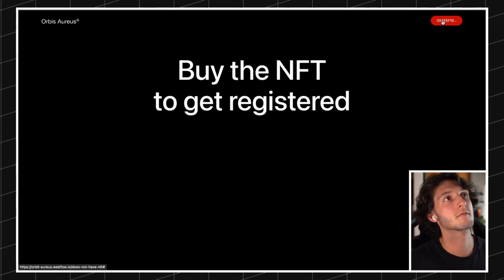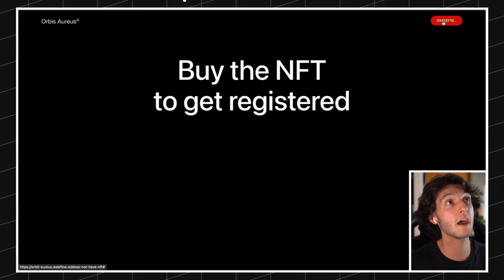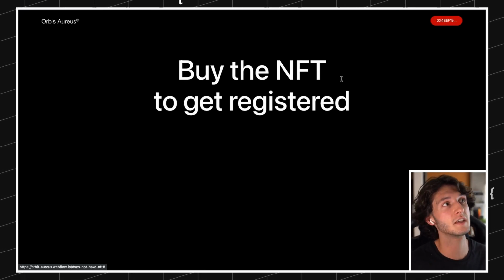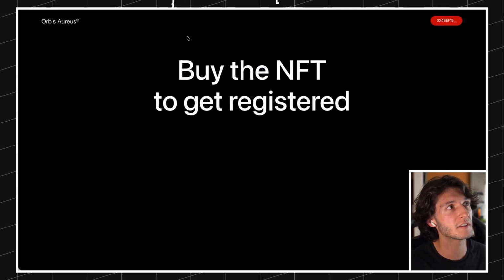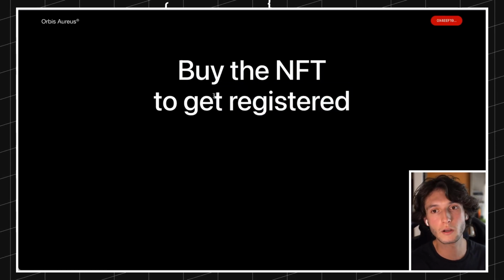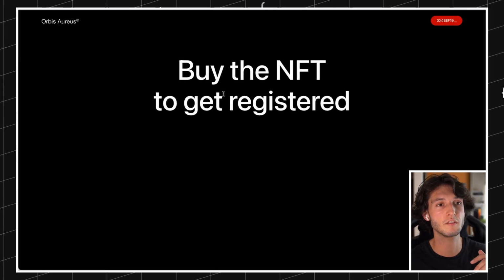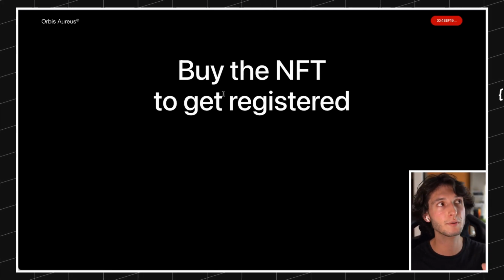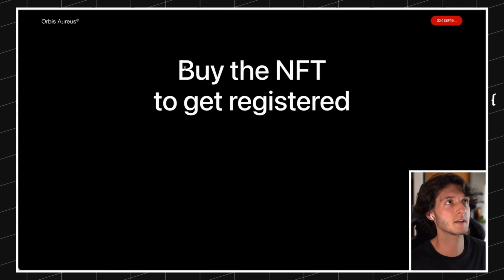Because I don't have the NFT inside of this wallet, it redirects me to the page: you don't have the NFT, buy the NFT to get registered. I didn't create a real NFT for that, but it was just to show you that with ChatGPT, you can involve JavaScript and Web3 applications, and create workflows like this without knowing how to write a single line of code.